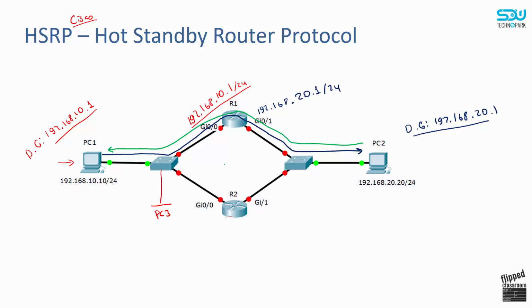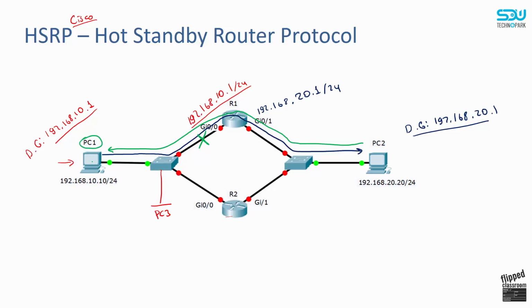Alright, but what if we have an issue with the link between switch 1 and router 1, for example if something is wrong here. Then PC1 will not be able to communicate with the external network.